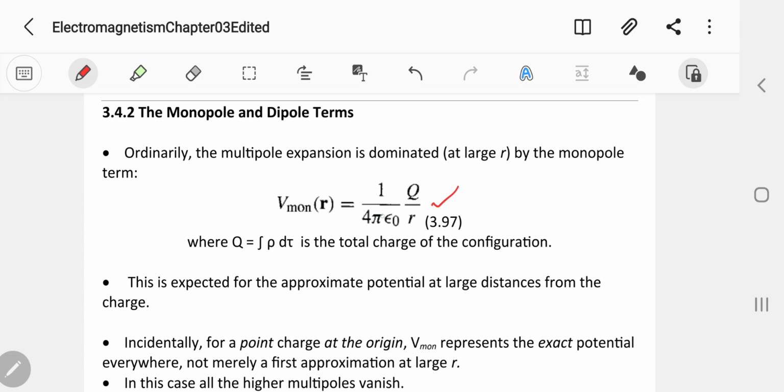This is the correct form when Q is at the origin. If the point charge is located at the origin, that is the exact potential.